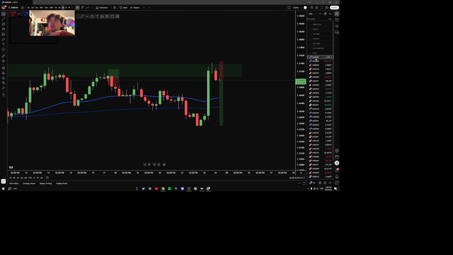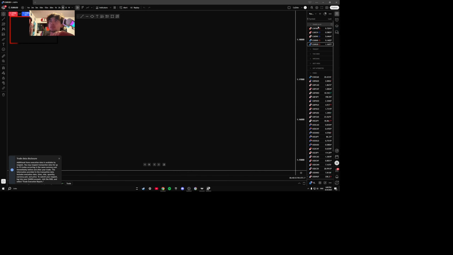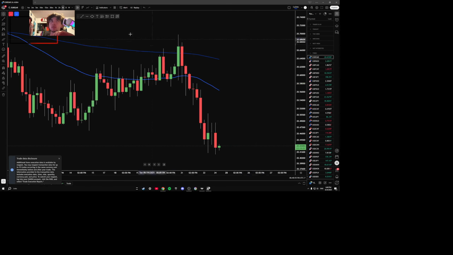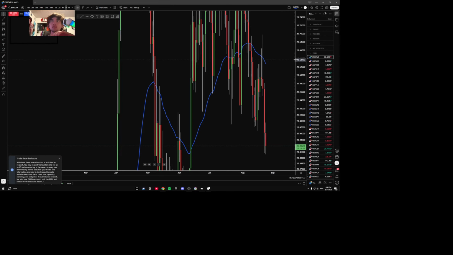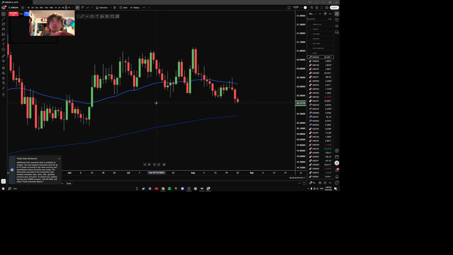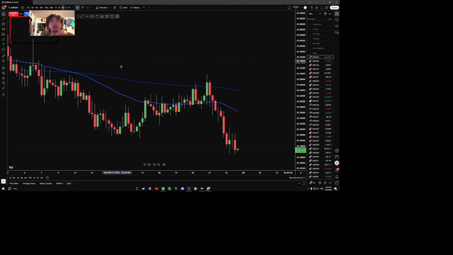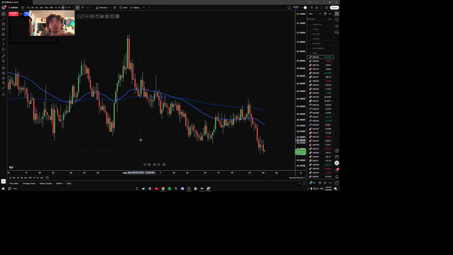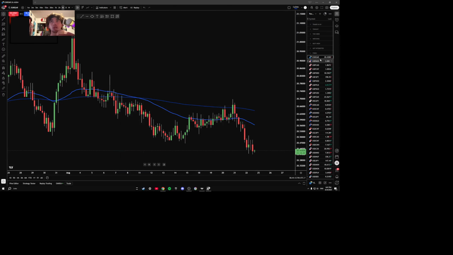Can't see because my camera. Hasn't broke enough to retest. Retest to sell.